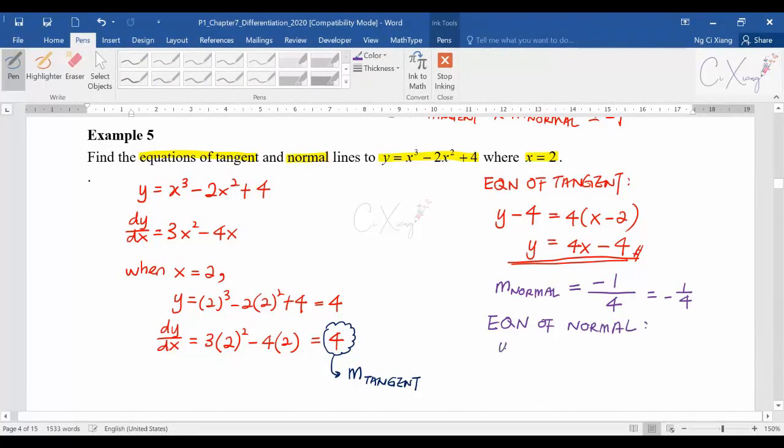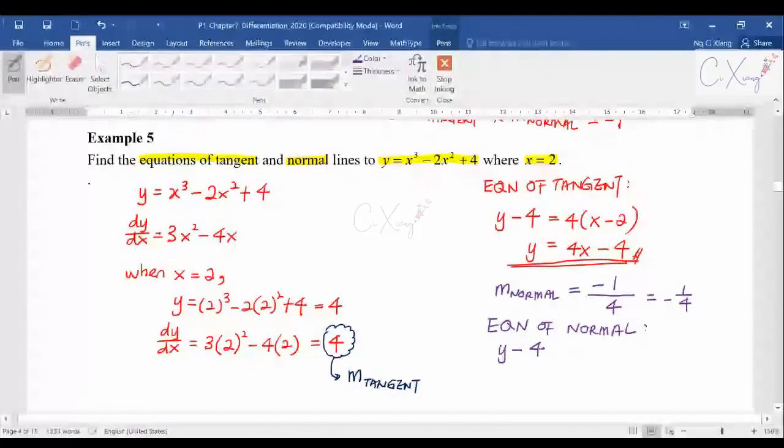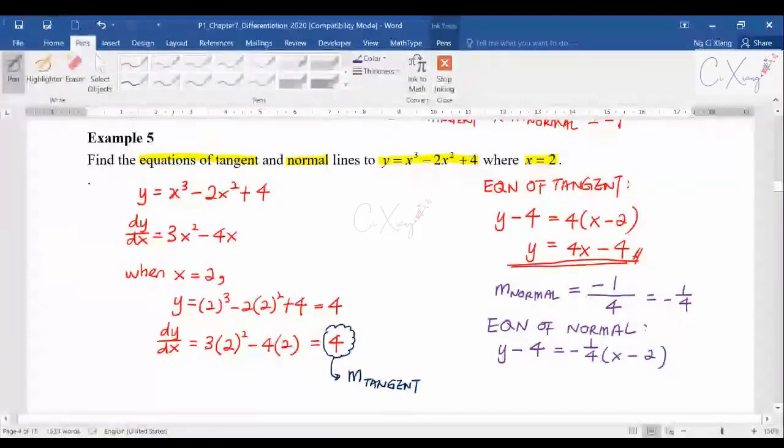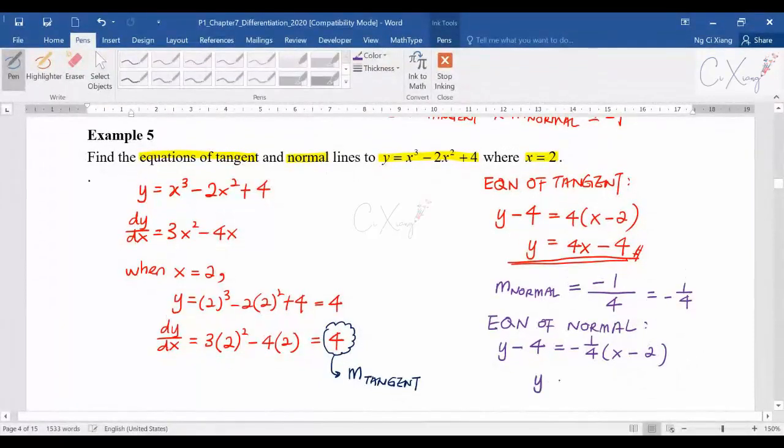The equation of normal will be y minus y1, and the y1 is still 4. We are using the same point. It equals -1/4 times x minus x1, and again the x1 is still 2. We are still using the same point to form the equation of normal. Once you simplify it, you should get -1/4 x plus 9/2.